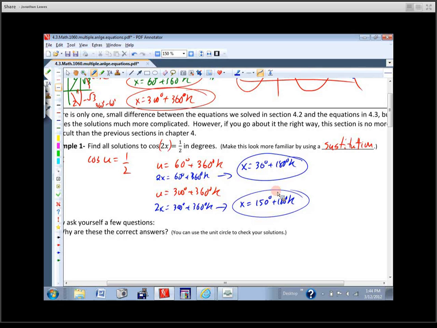It's basically one extra step on top of what you already know how to do: make a substitution, solve the equation you already know how to do, reverse the substitution, and then divide or multiply to get x by itself. So we've got x equals 30 degrees plus 180k and 150 degrees plus 180k. Any questions there?